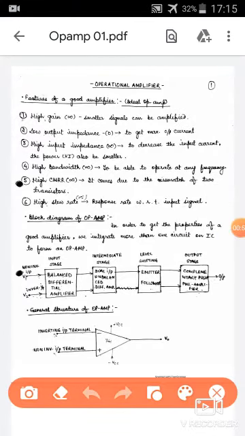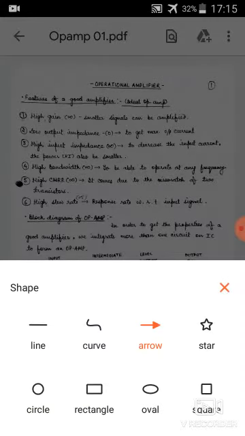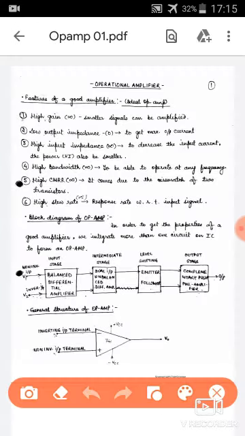As we know, the function of an amplifier is to amplify weak signals. The first characteristic is that the voltage gain should be very high or infinite, so that smaller signals may also be amplified.